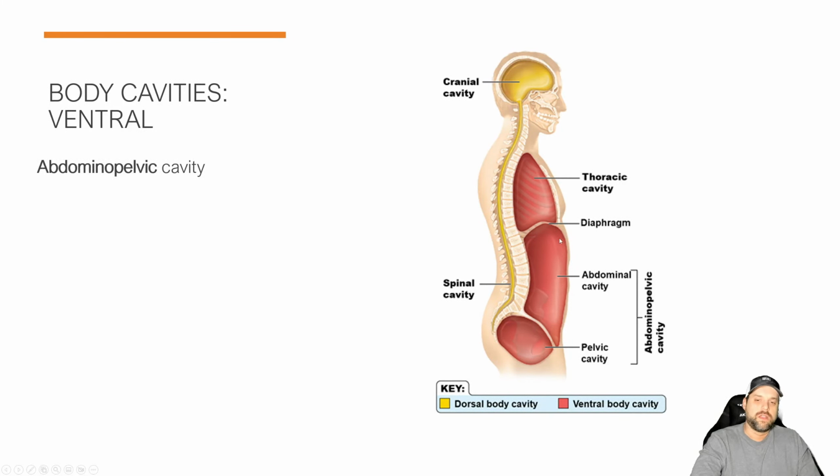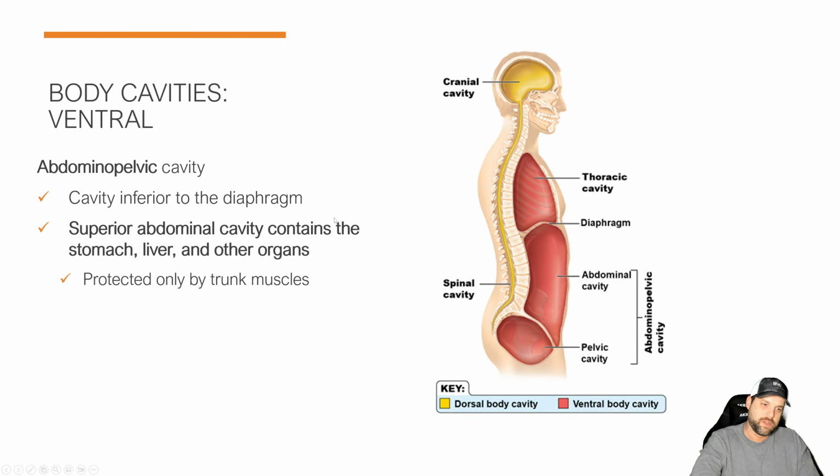Next is the abdominopelvic cavity, and as I mentioned, the abdominopelvic cavity encompasses the whole abdomen as well as the pelvis together. This is the cavity that's inferior or below the diaphragm. And the superior abdominal cavity, this cavity here, when I say superior, it's superior to the pelvic.